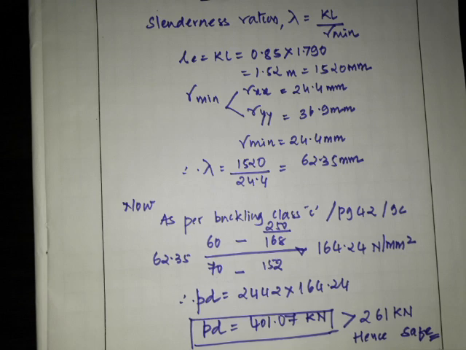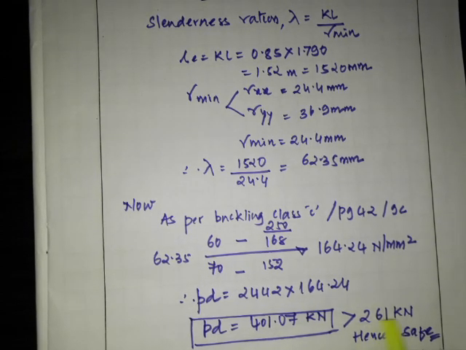After that we selected the section, designed the connection, then checked for tension with respect to yielding, rupture and block shear. We got safe. Then for the same member, we checked whether it is safe to carry compression. We found that the member selected is safe to carry the design compressive force of 261 kilonewton. So this is regarding the design of principal rafter.